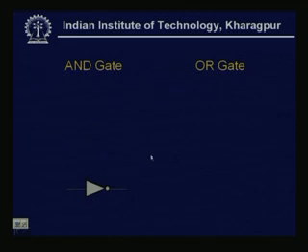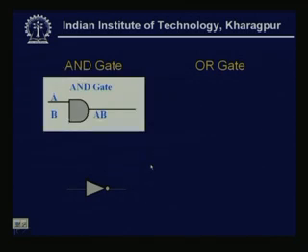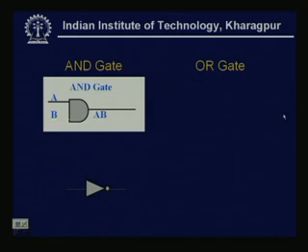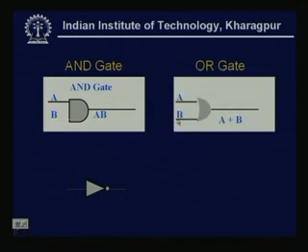Now, we see the AND gate and the OR gate, with another input B, and this is my OR gate. So, mainly these three things we will be discussing.